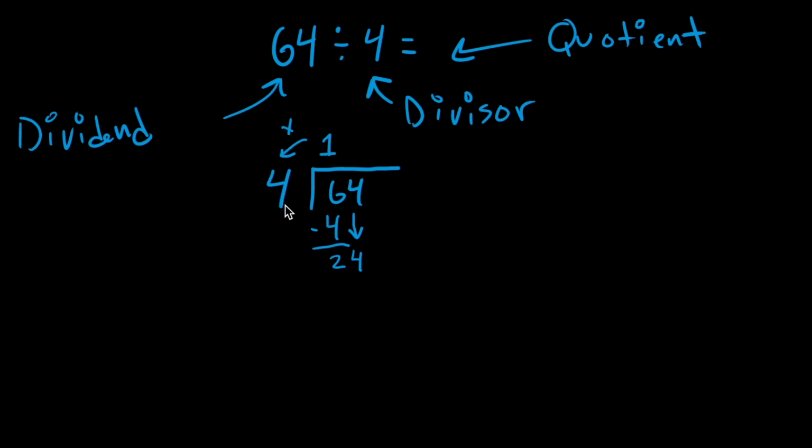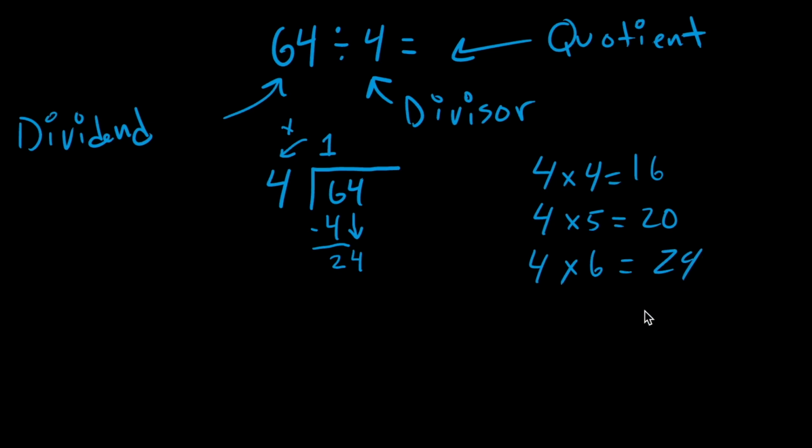Now, how many times can you fit 4 into 24? Let's do some multiplication. So we know 4 times 4 is 16. 4 times 5 is 20. 4 times 6 is 24. So we can fit 4 into 24 6 times.